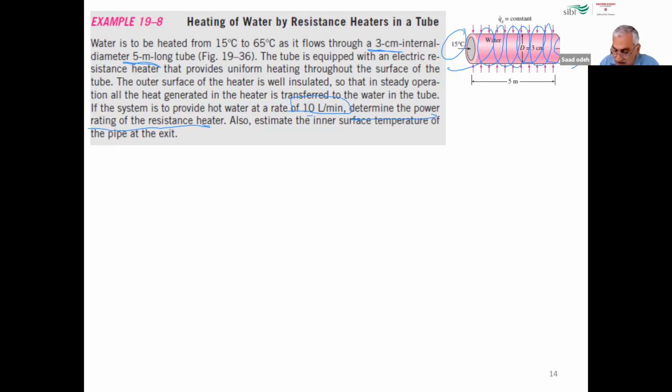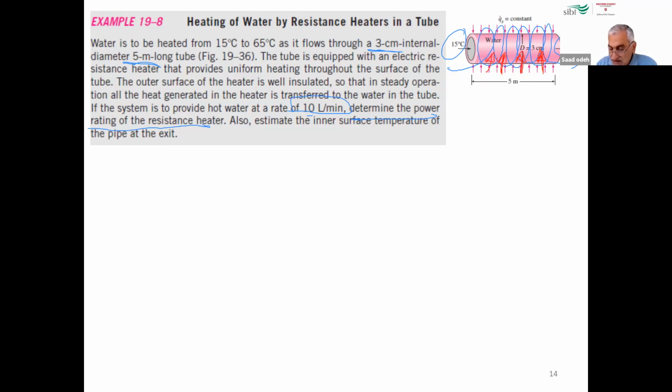And as you know, when the current flows in the wire, this resistance will release heat. All the heat will go through the thickness of the tube, or across the tube wall, toward the water, to heat the water.